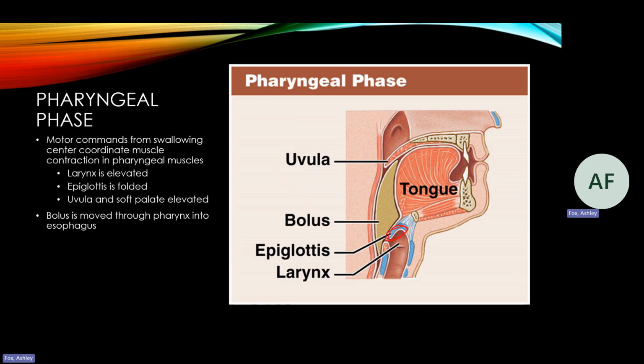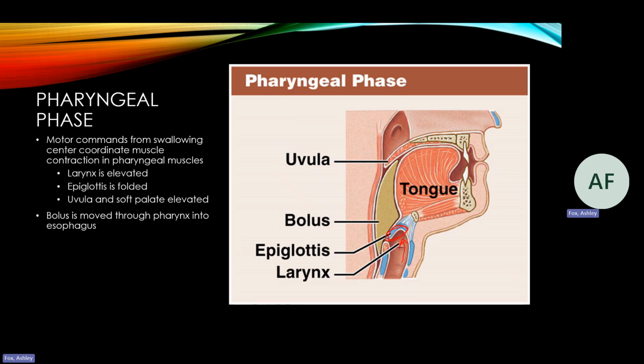You want it to go into the esophagus. So you actually elevate the larynx. So you push it up and push it superiorly so that it can meet the folded epiglottis and cover the hole to the trachea.